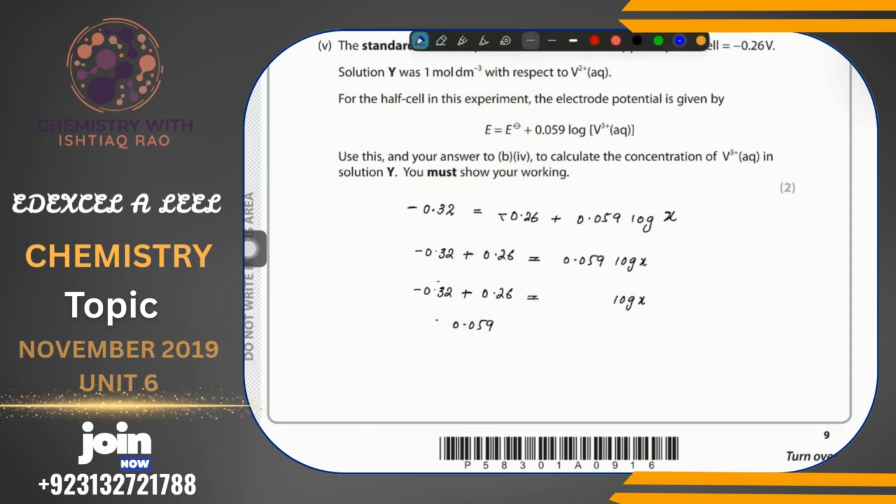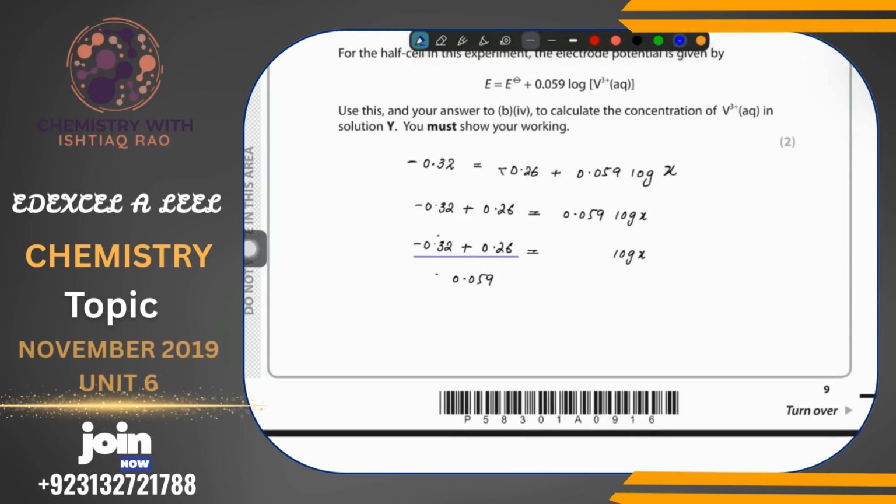And you have taken 10 to the power. This is not a natural log, sorry. That's why I went wrong. I thought it was ln. My bad, it's log base 10. Now I know where I've gone wrong.